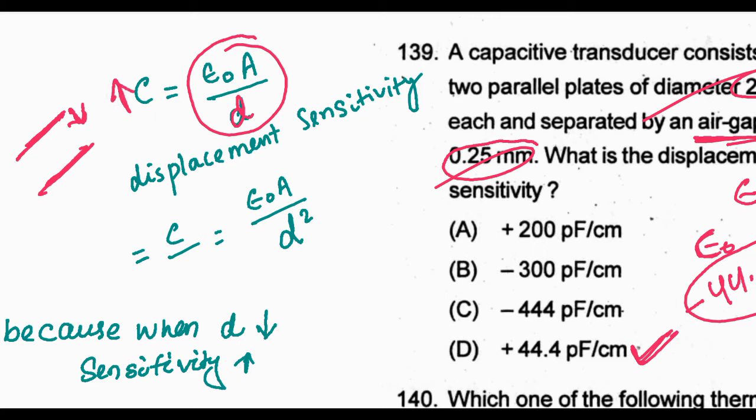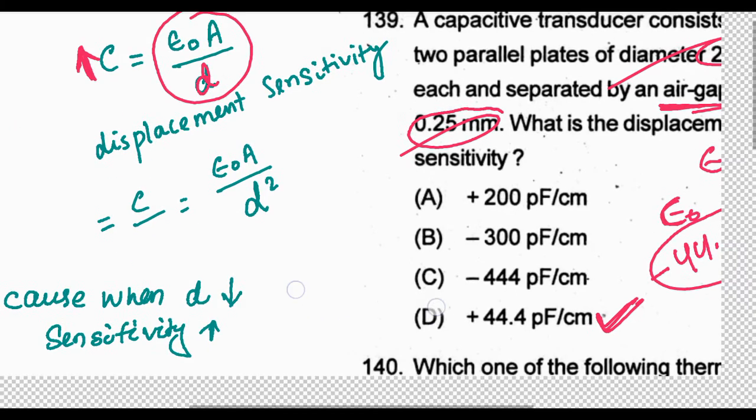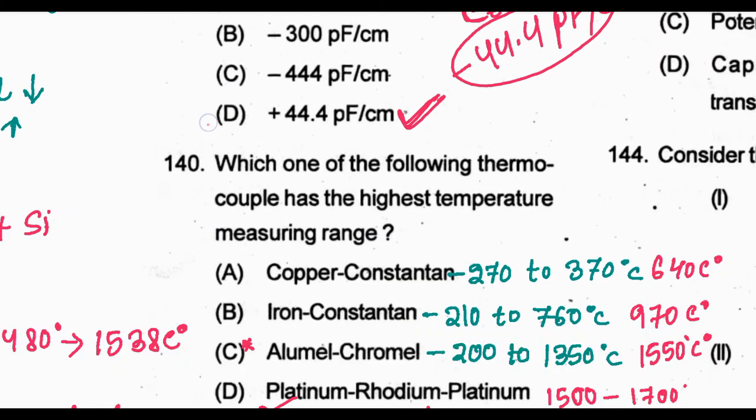So this will be a plus value, and as this one cannot move outward, this value is always positive. This C variation is always positive, that means the capacitance will increase, not decrease. If we allow the upper plate to move outward or upward, then a negative value is also possible. So here option D is the correct answer.